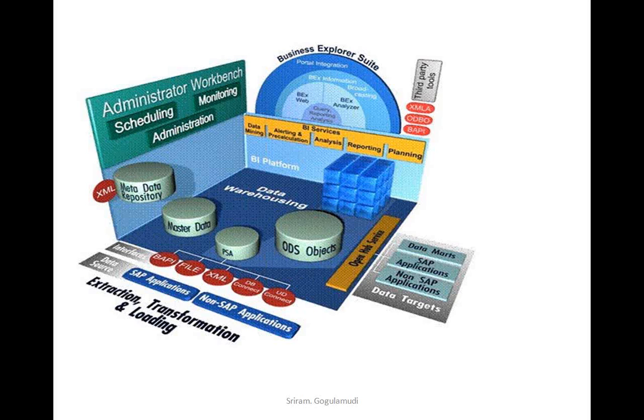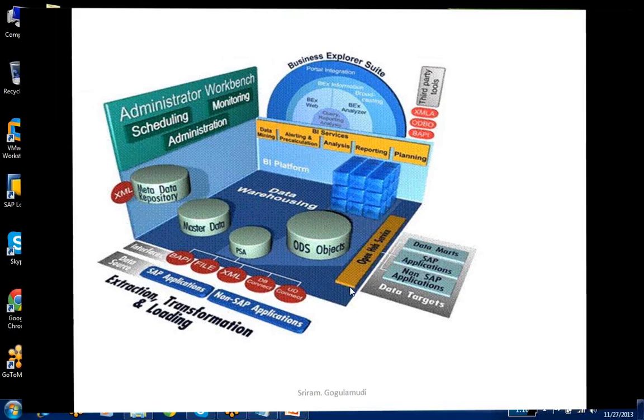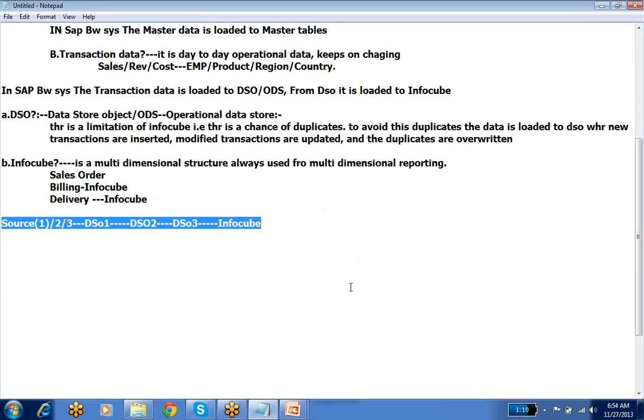My question is, I understood the purpose of DSO, but in the notepad, the last thing that you've shown is from the source system to DSO 1, 2, 3. So in one instance of transfer of data, only one DSO can be used, right? One source can feed data to one target, and it can feed data to multiple targets also.